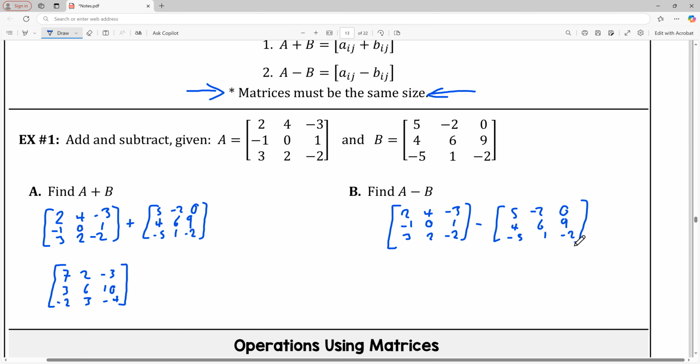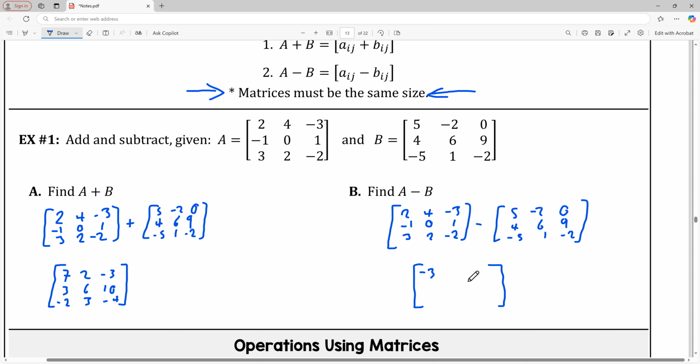The only difference between addition and subtraction is I'm going to be subtracting now. So this is still going to create a 3 by 3 matrix. To find what goes in the top left, I'm going to do 2 minus 5. Well, 2 minus 5, that's negative 3.